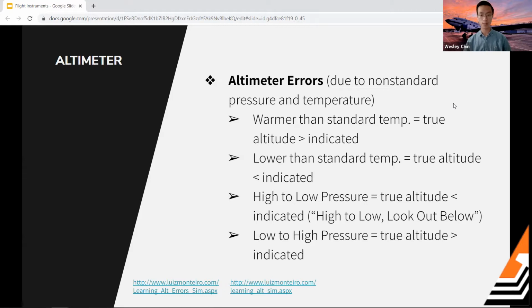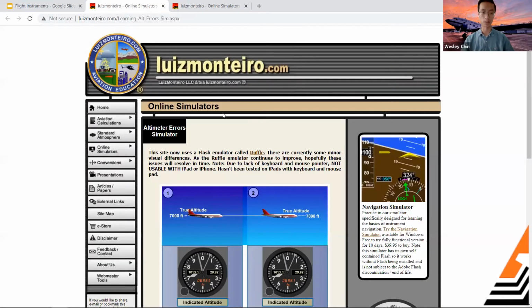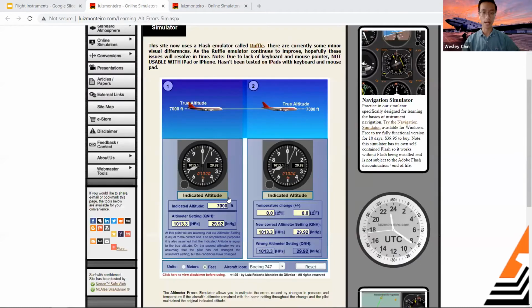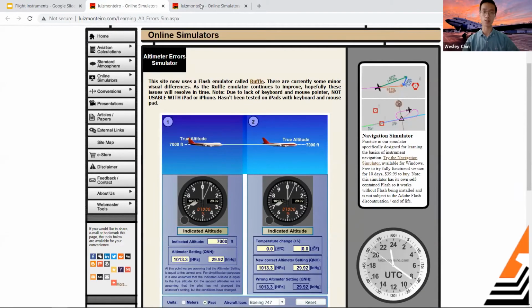That's kind of confusing to understand when you're just looking at the words, but there's this guy who has a website that's pretty good for learning a lot of different topics, and he's got two simulators you can play with. This first one is for altimeter errors. You can type in different altitudes, pressure settings, and temperatures, and see the effects of the non-standard temperature and pressure errors.